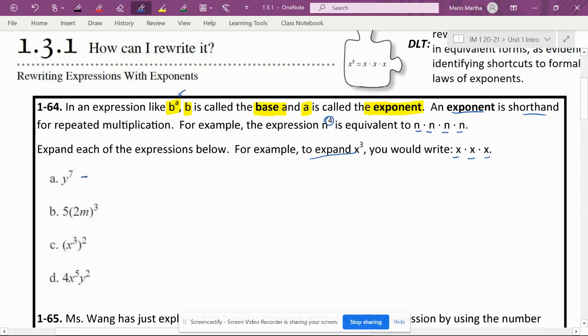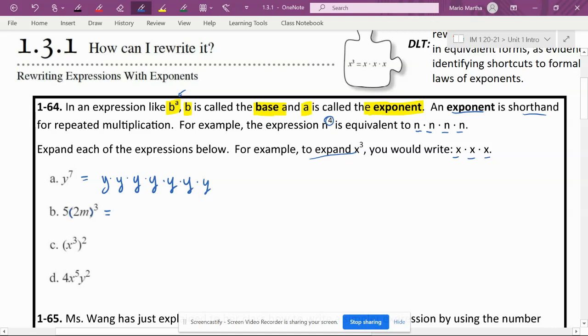So the first one right here, y raised to the 7, we would have a total of 7 y's that are multiplying. And then the next one, part B, 5 times 2m raised to the third power.